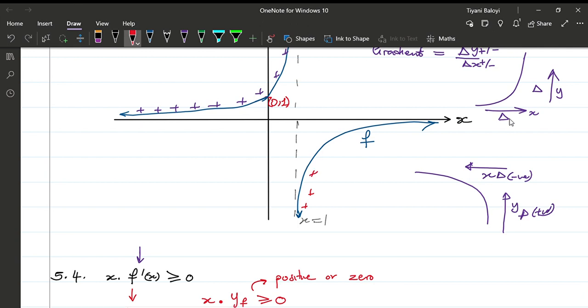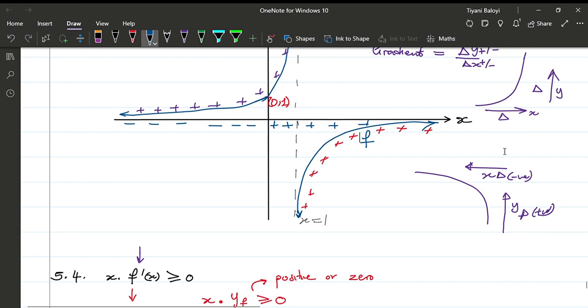Because we want to look at our gradient. Our gradient is positive. We don't need the actual value, but rather the signs. The x values are negative in this direction because it's less than 0, and then here they become positive.